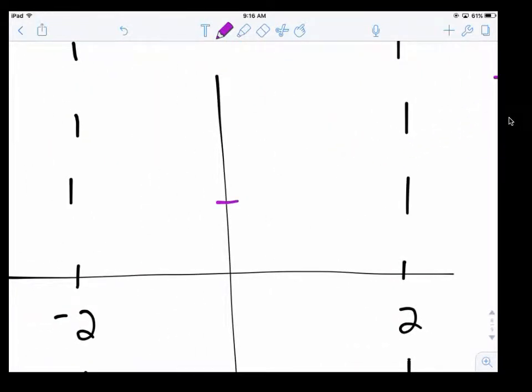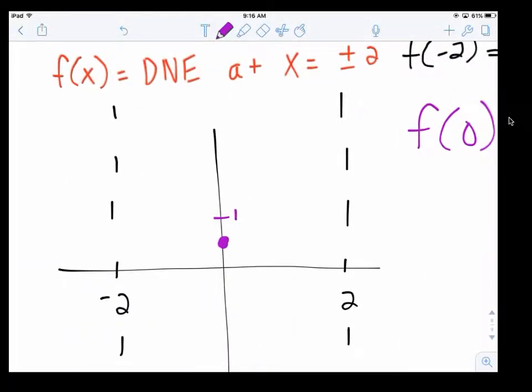So I know I have a y-intercept of 1/2, and I know that as I go to 2 and -2, the graph is going to go towards infinity. So it will look something like that.